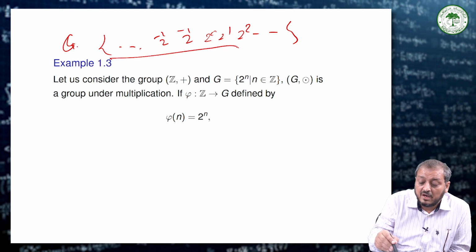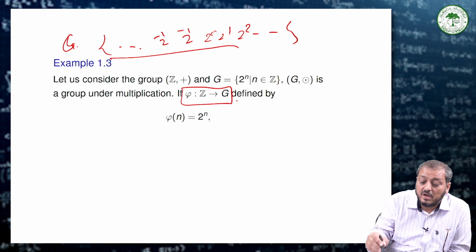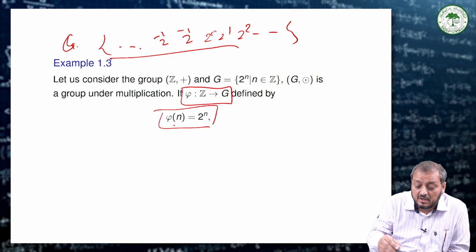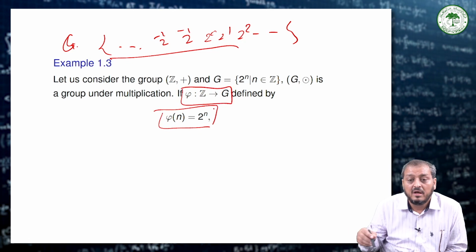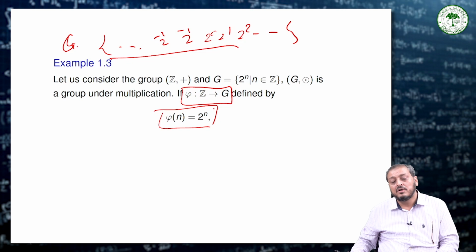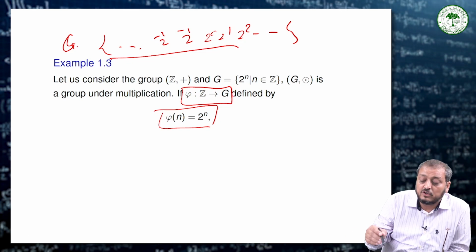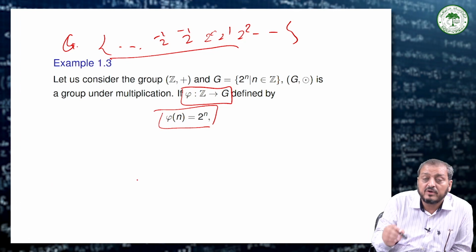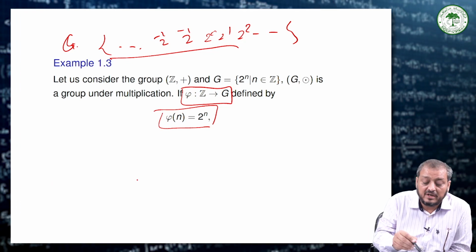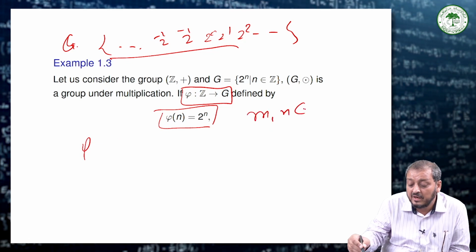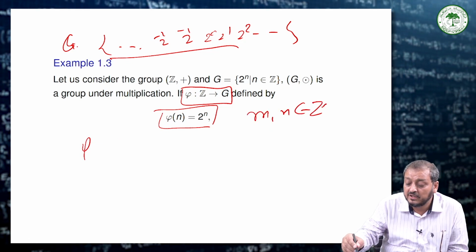So we take a map from Z to this group, and we define phi of n equal to 2 to the power n. Now we have to check whether this is a homomorphism or not. For that we verify the condition of a homomorphism: take any two elements m and n in the integers.